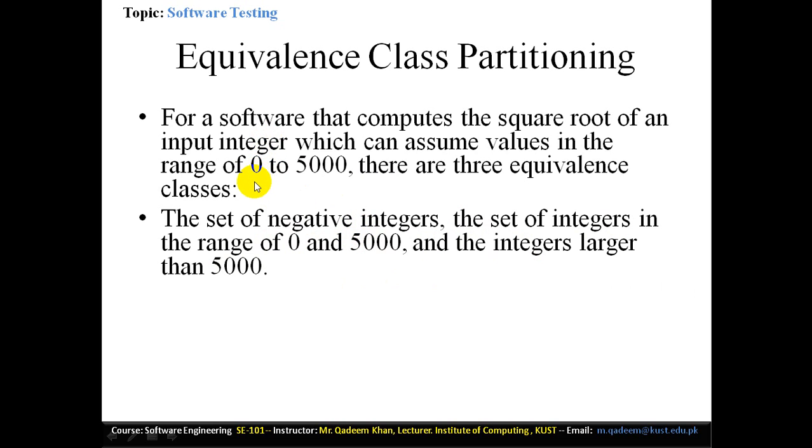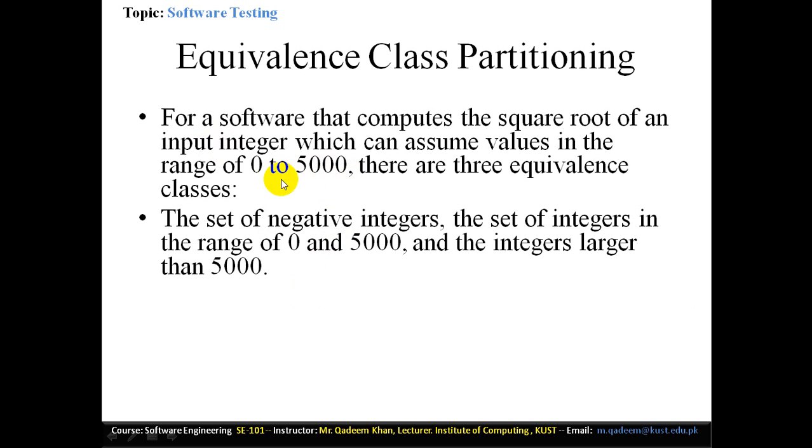First, we provide values less than this range, which may be negative values, for example -1, -5, -3, etc. Secondly, the set of integers between 0 and 5000, for example 500, 600, 1000, 2000, or 4999. And third, the larger numbers above 5000, for example 5500, 5001, 5010, 5006.